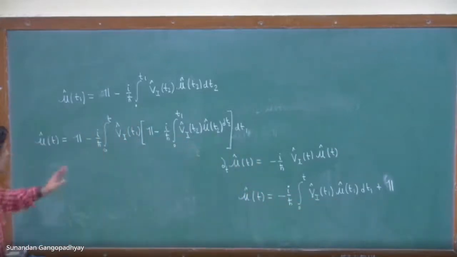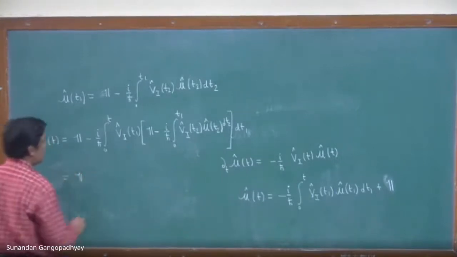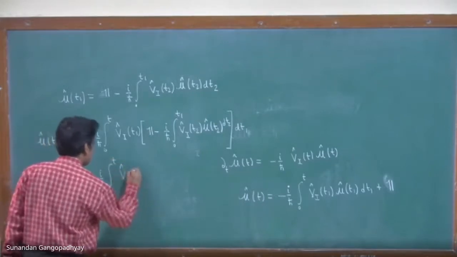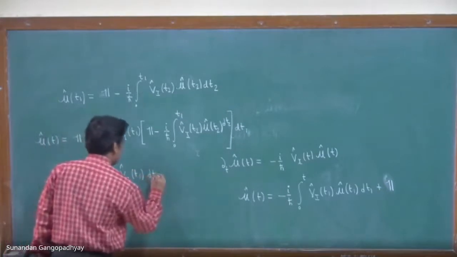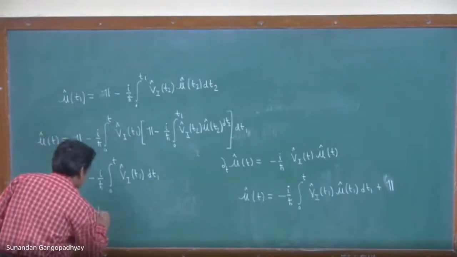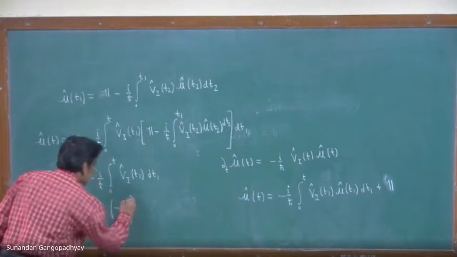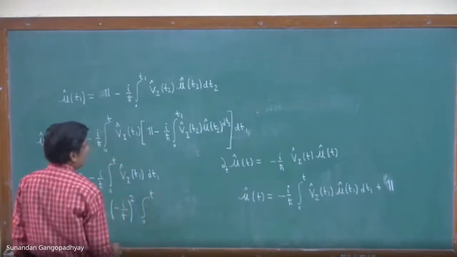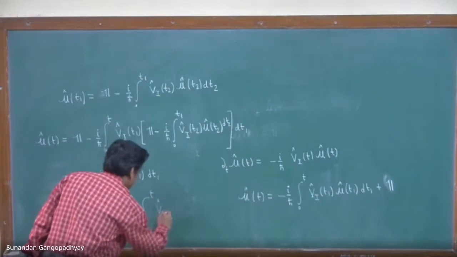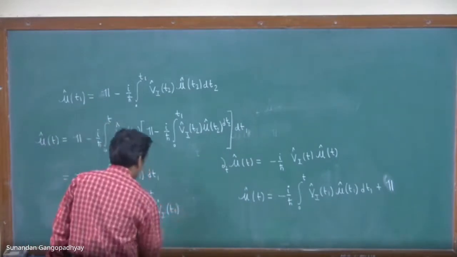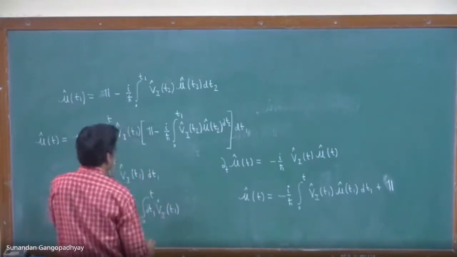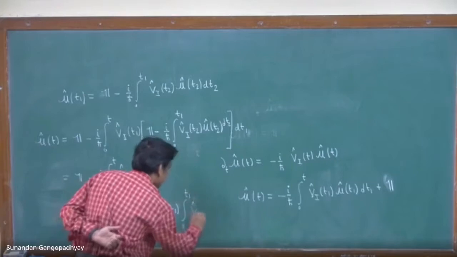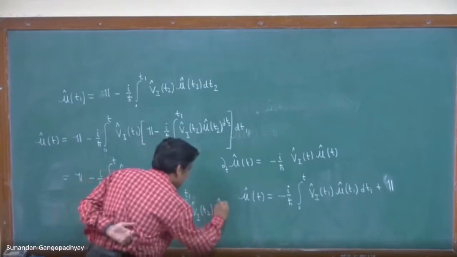This expression you can simplify further. What we shall get is the identity, then the first term, minus i by h bar integral 0 to t v hat I t1 dt1, and then minus i by h bar whole square integral 0 to t v hat I t1 dt1 integral 0 to t1 v hat I t2 u hat t2 dt2.